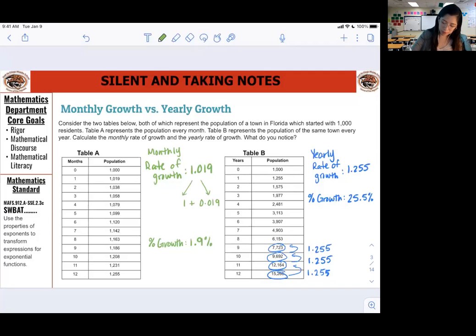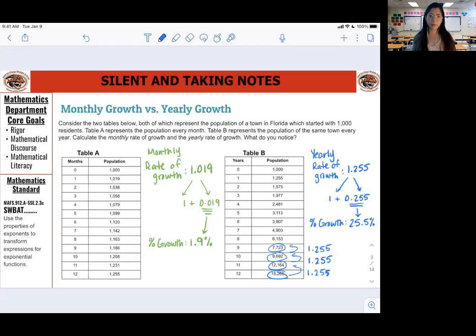And 0.019 as a percentage is 1.9%. And the same exact thing goes for the other one. If you're trying to figure out what the percentage of growth is, you have to figure out what number was added to 1. So this is 1 plus 0.255. And then 0.255 as a percentage is 25.5%.